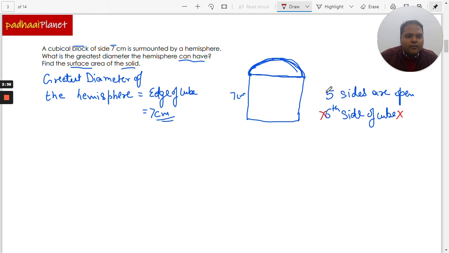Instead of this, we will count 5 sides of the cube and this surface area of the hemisphere, right?